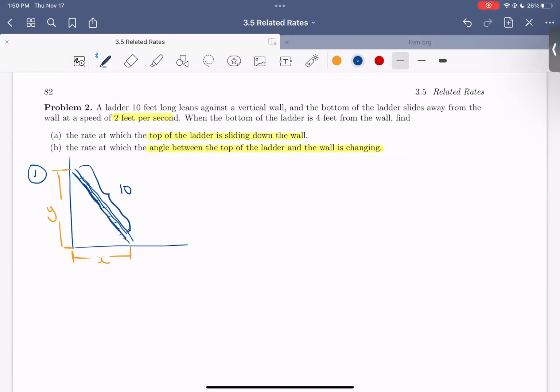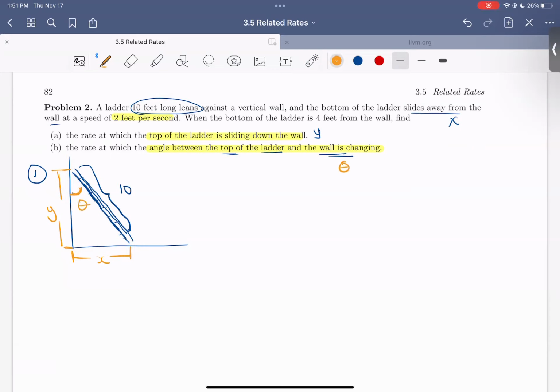The bottom of the ladder slides away from the wall, that's our x. When the bottom of the ladder is 4 feet from the wall, we need to find the top of the ladder, which is y, and then the angle between the top of the ladder and the wall. Here's the top of the ladder, here's the wall. Let's call that angle theta.